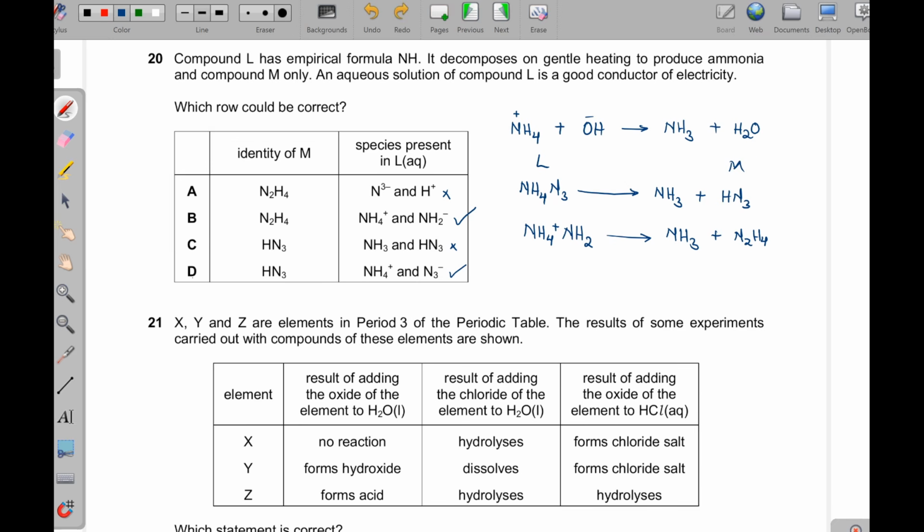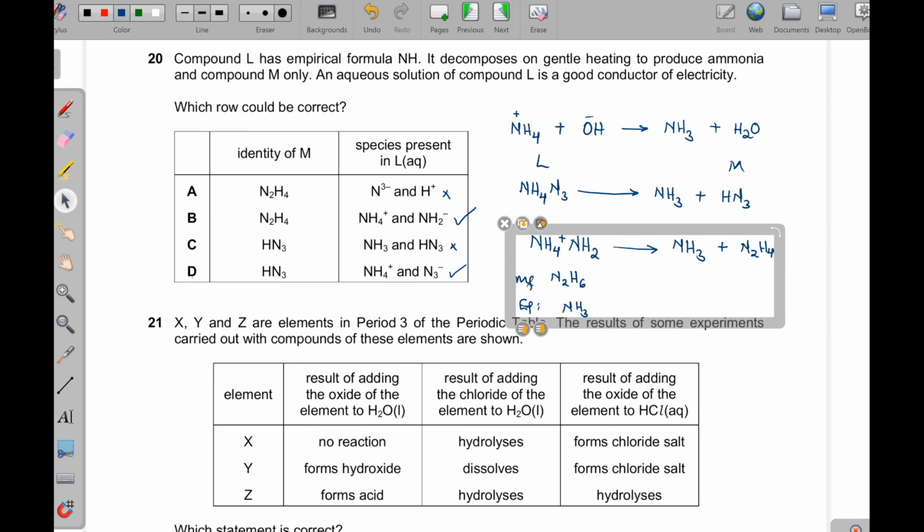This one here, first of all, the molecular formula here is going to be N2, then H6. Are we there? Because these are 4 plus the 2. Then, this is the molecular formula. Then empirical formula is going to be N, then H3.